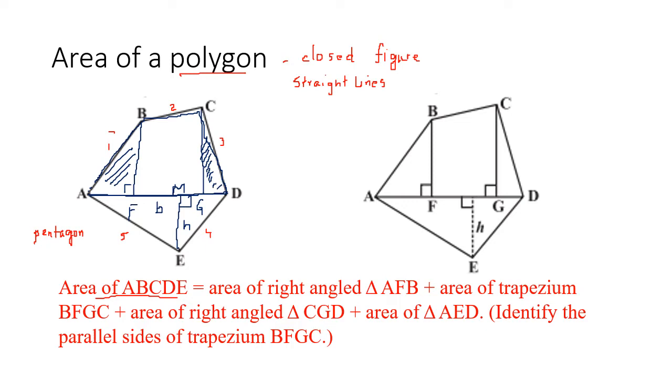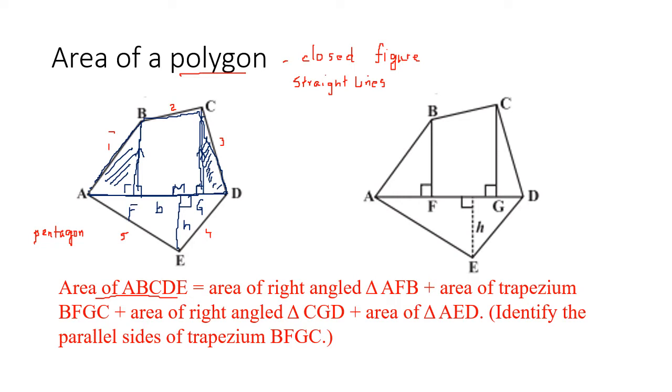How do you notice a trapezium? Because this is a right angle and this is a right angle, so the co-interior angles add to 180, which means BF and CG are parallel lines. One pair of opposite sides are parallel, hence this becomes a trapezium.